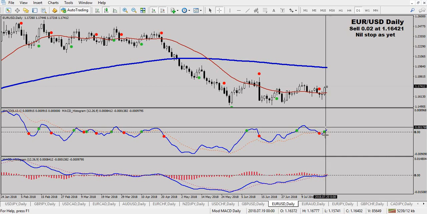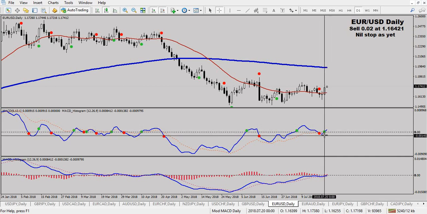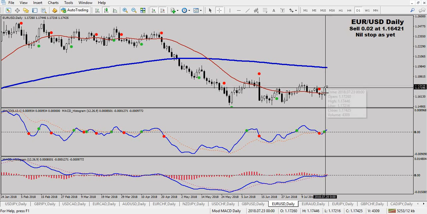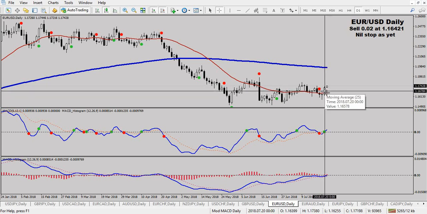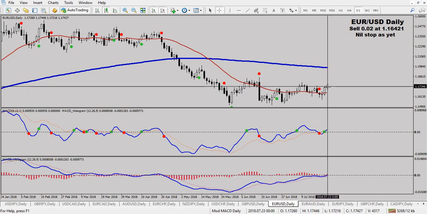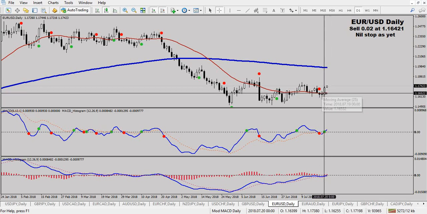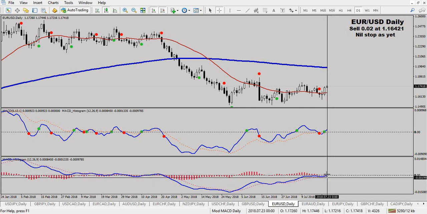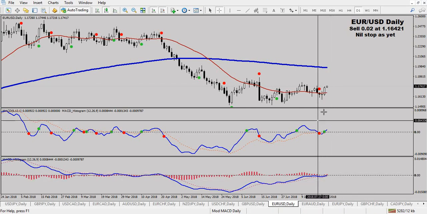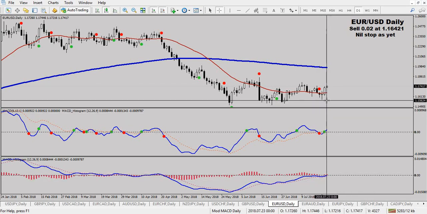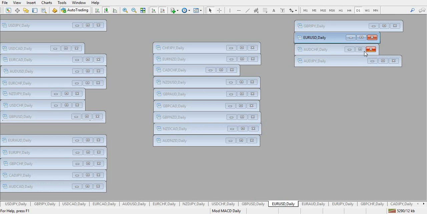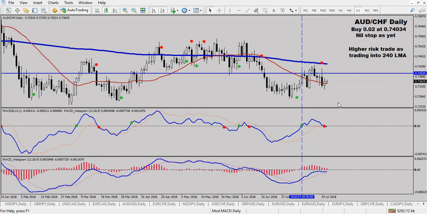And even though there's a fast MACD confirmed cross, there's no green QMP dot either. We've closed above the 25 SMA. I might regret not taking this buy this morning, but it doesn't meet the criteria, only because this standard MACD is not convincing and there's no green QMP filter dot. Like I said, the USD is causing me a little bit of concern at the moment. The direction's lacking a bit.